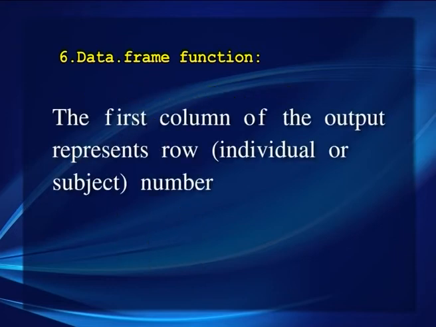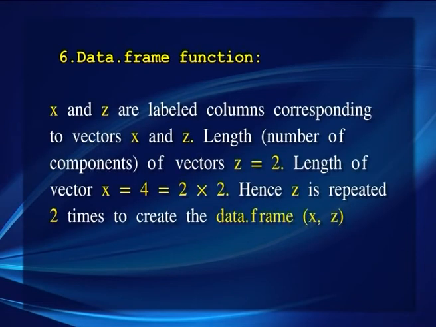The first column of the output represents the row number. x and z are labeled columns corresponding to vectors x and z. Length of vector z is equal to 2. Length of vector x is equal to 4, which is equal to 2 into 2. Hence, z is repeated 2 times to create the data.frame(x, z).